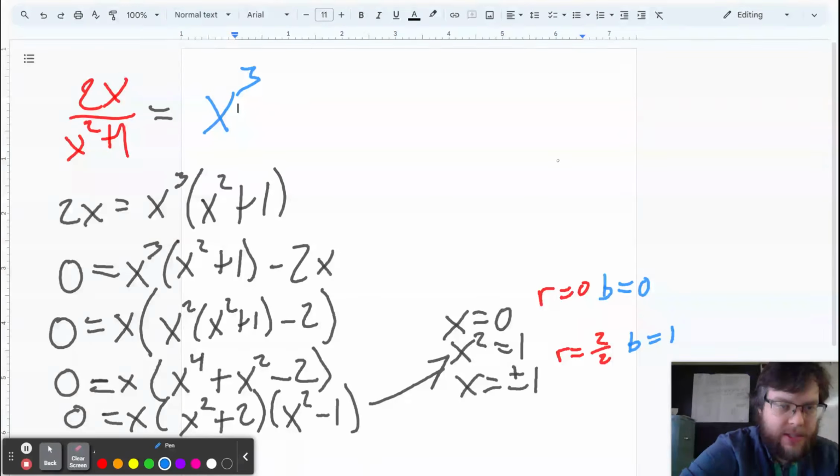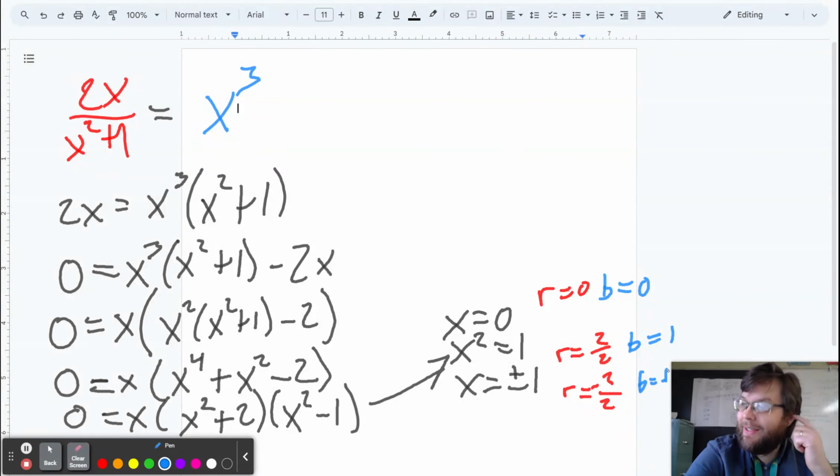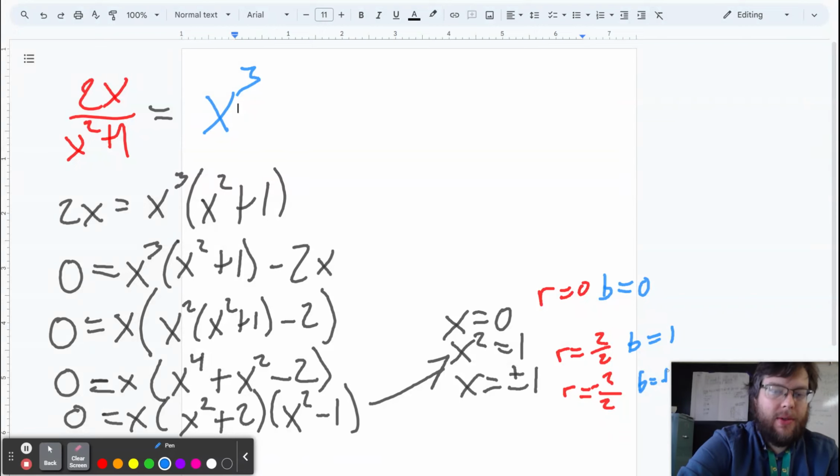And if I try x equals negative 1, it also works out. Okay, so I was suspicious, but it actually works out that they have three different intersections, which makes two different regions. So we've got to add those two different areas here.